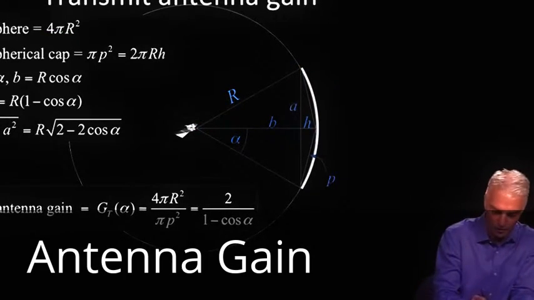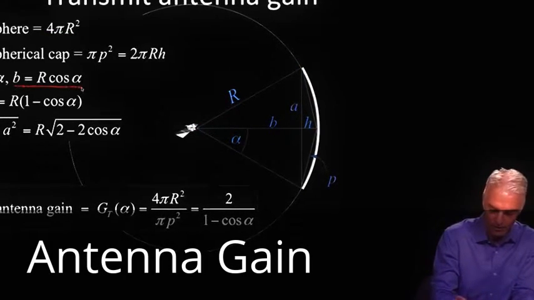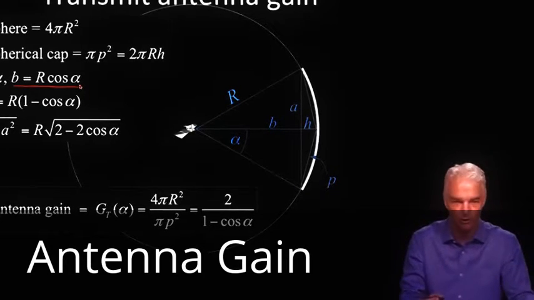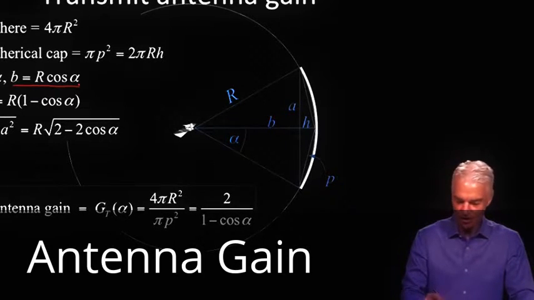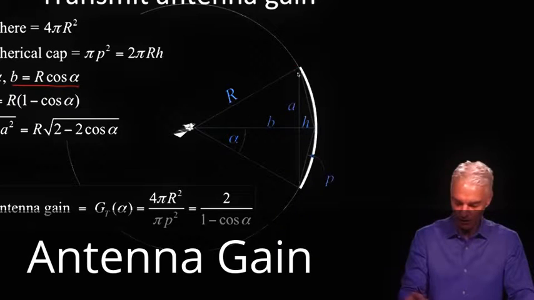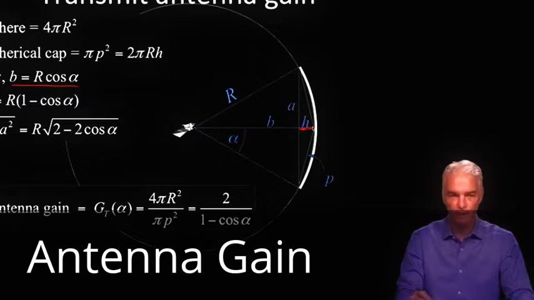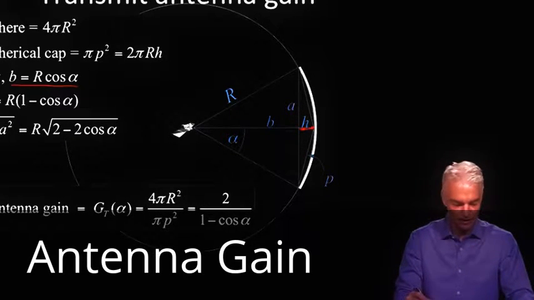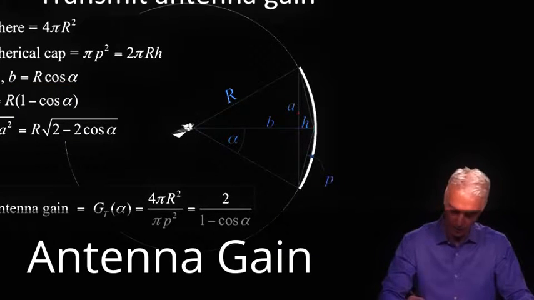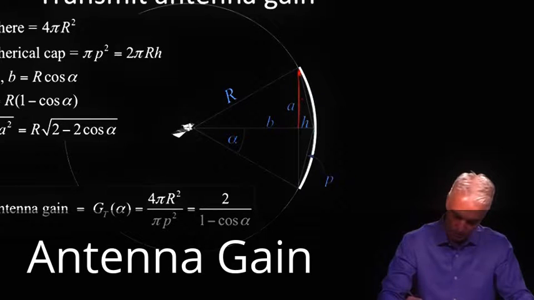We've got those two terms here, and what we're trying to do is write everything in terms of alpha. H is simply r minus B. It's this extra term here. Substituting in B in terms of alpha, we have r times 1 minus cos alpha. Then for p, we just use Pythagoras' theorem on this triangle.